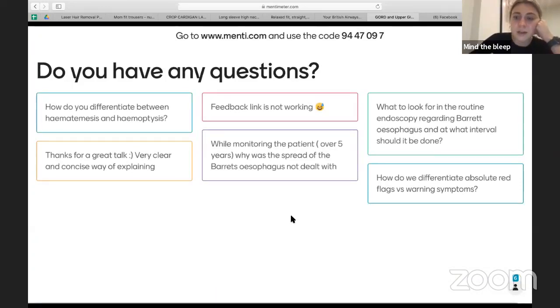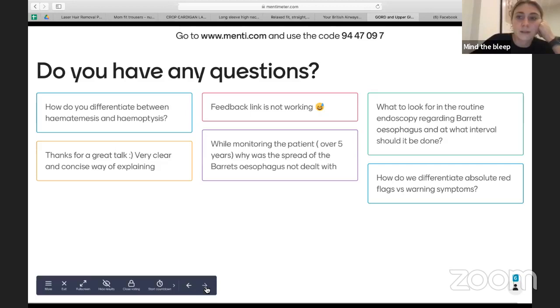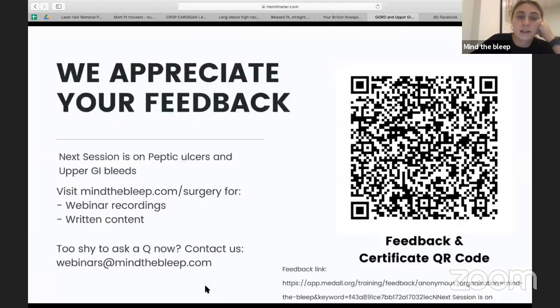How do we differentiate absolute red flags versus warning symptoms? I think at this stage, the important thing would be to bear the red flags in mind, include them in your history taking, and then discuss it with a senior to be able to differentiate for sure if this is a warning sign or if this is a red flag.